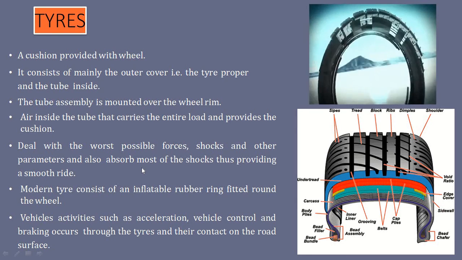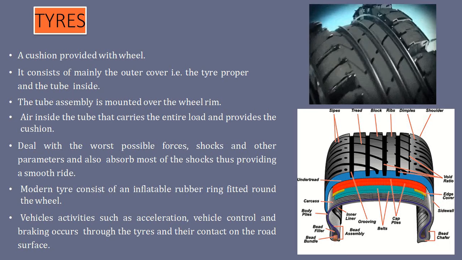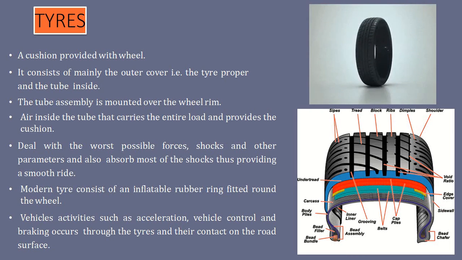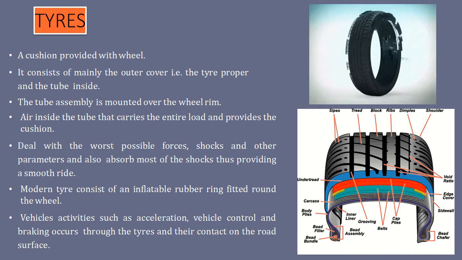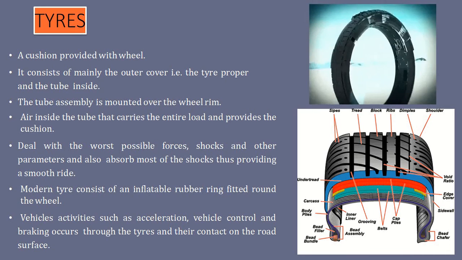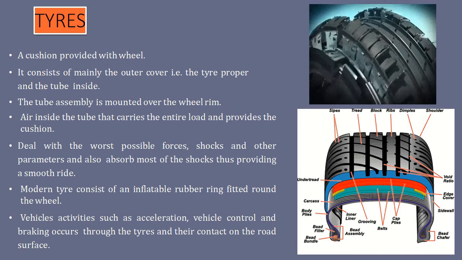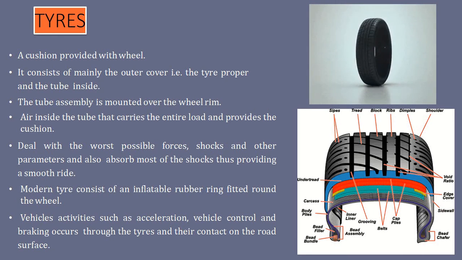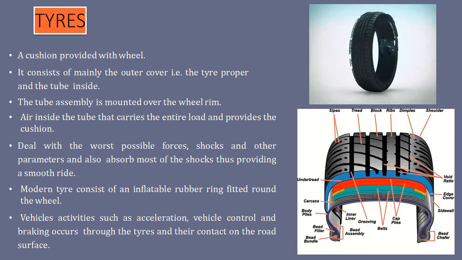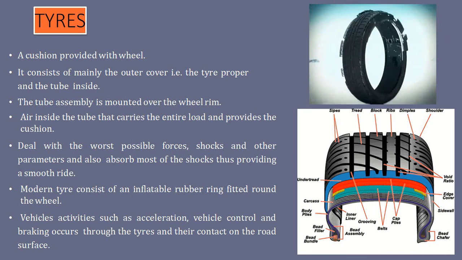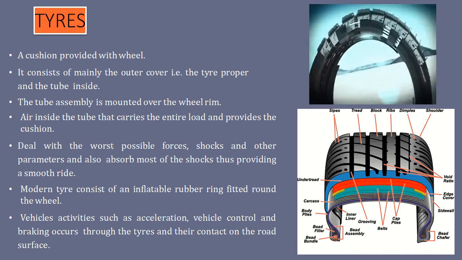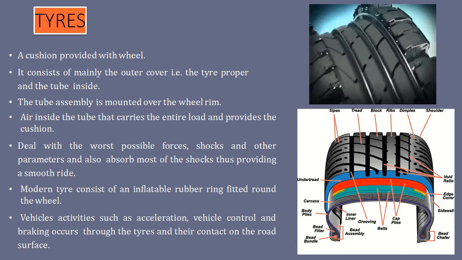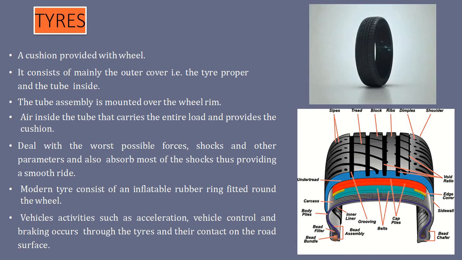Tires, a cushion provided with wheels. It consists mainly of the outer cover, that is the tire proper, and the tube inside. The tube assembly is mounted over the wheel rim. Air inside the tube carries the entire load and provides the cushion.